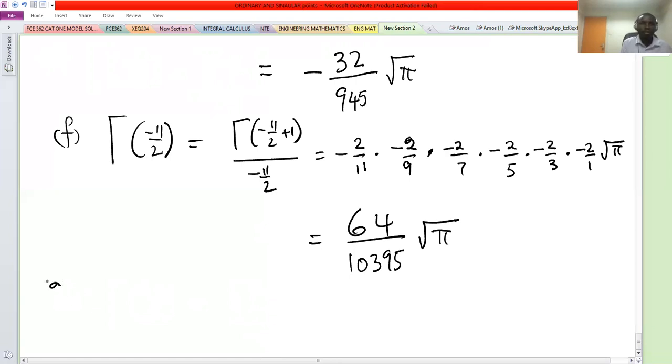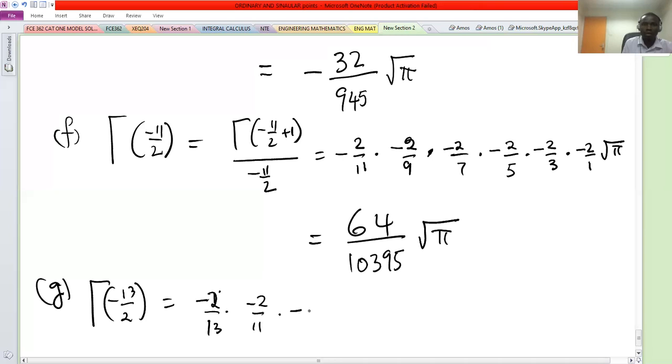And then G, the gamma of minus 13 over 2 will be, from what we have been doing before, you can easily know the answer will be negative 2 over 13, negative 2 over 11, negative 2 over 9, negative 2 over 7, negative 2 over 5, negative 2 over 3 times negative 2 over 1, then root pi.